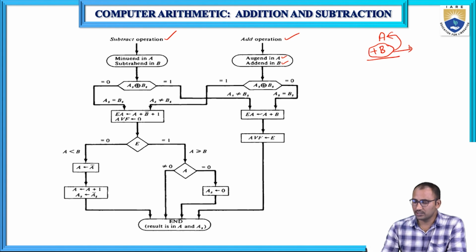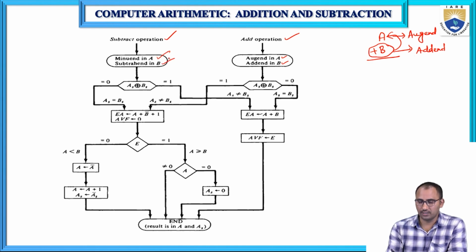The B register is called the addend, and the A register is called the augend. The bits in the B register are called addend bits, and the bits in the A register are called augend bits. These two registers we are going to add.